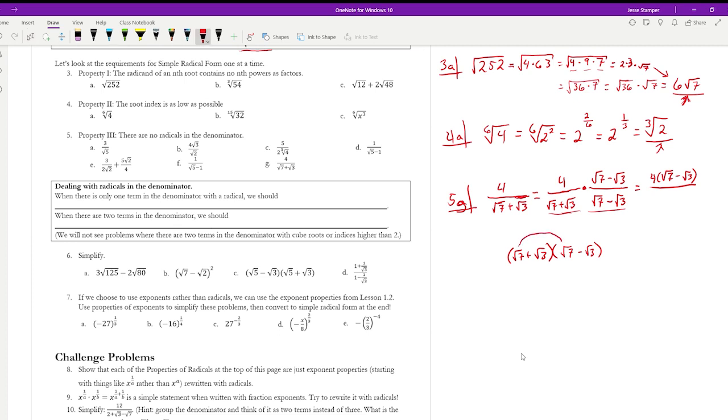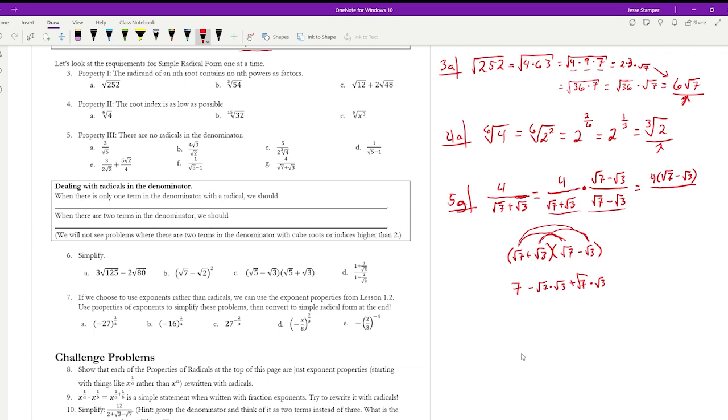Square root of 7 times square root of 7 is, well, 7. Square root of 7 times the negative square root of 3 gives you a minus square root of 7 times square root of 3. Okay, that's your outer. First, outer, then inner. That's positive square root of 7 times square root of 3. And then you have your last.